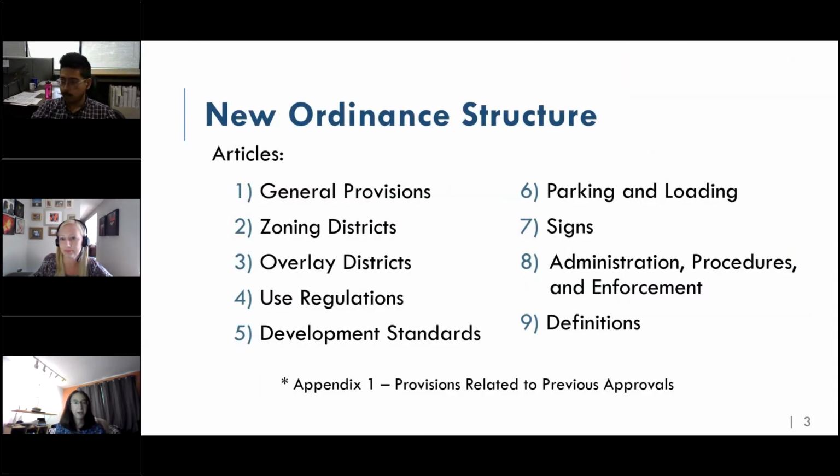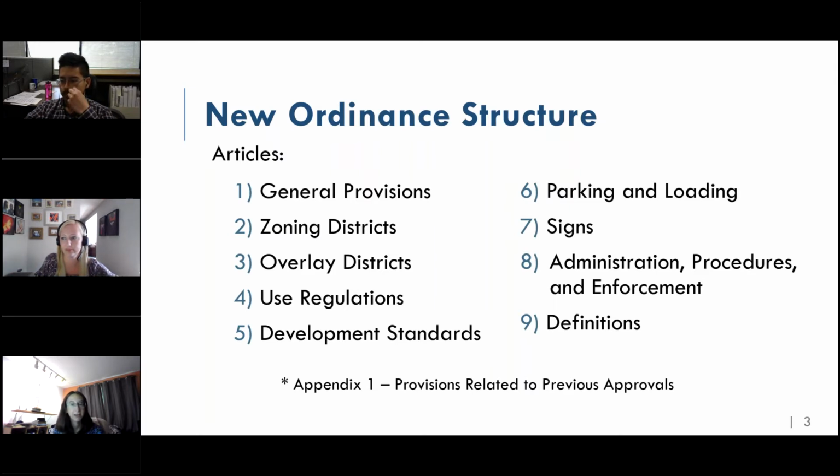So the new structure, here you have our 9 articles, and I'll just mention a few of them. Article 2 on the zoning districts, it has a section for each zoning district, so it goes through each one, like R1, R2, and so forth. And in each district, you see some images of what that looks like.